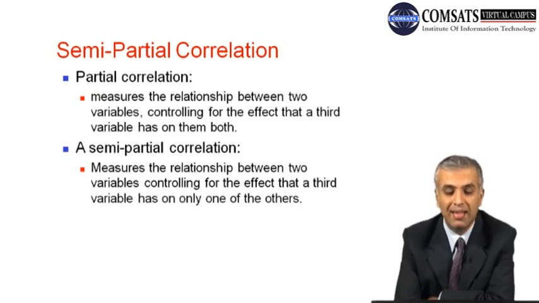In the case of semi-partial correlation, we measure the relationship of two variables, but we control the impact of the third variable on only one of those two variables.